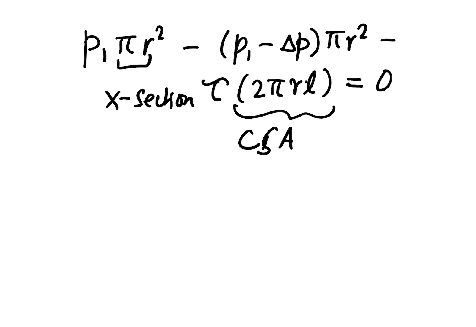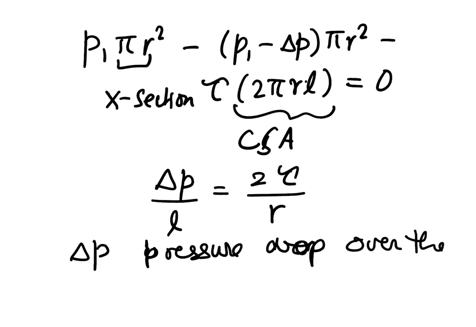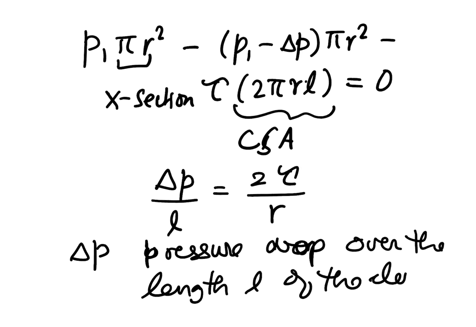I can simplify all this, and that's going to give me delta P divided by L equals 2 tau divided by r, where delta P is the pressure drop over the length L of the element.